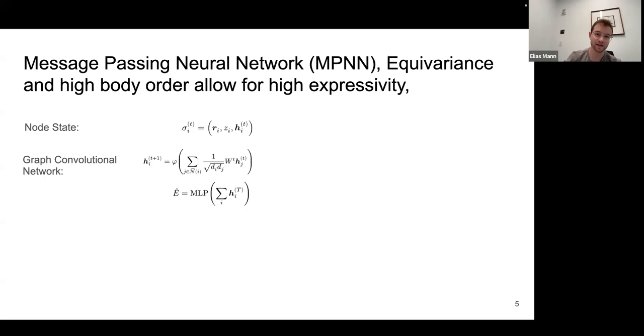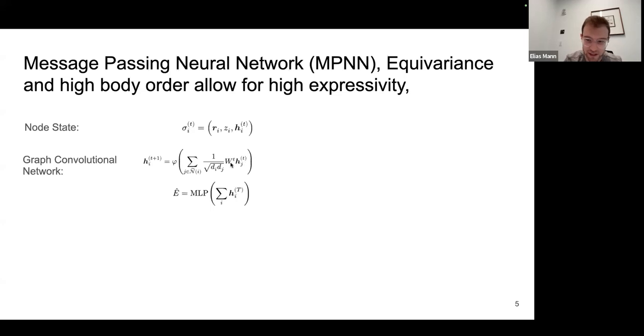The most basic formulation of a graph neural network is just a graph convolutional network. The way you update your hidden state is you iterate over all of the neighbors. This is your hidden state for a specific atom or node in the graph. You take all the neighbors of that atom, you multiply by a weight matrix for that passing step, and the step is defined by t, so one iteration is t.